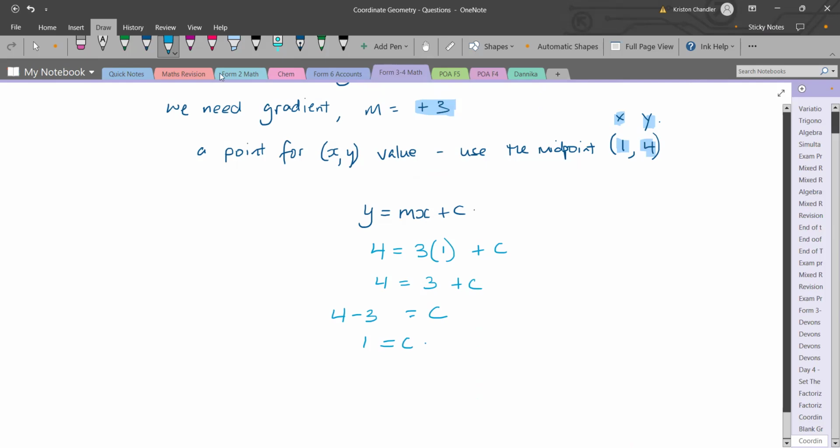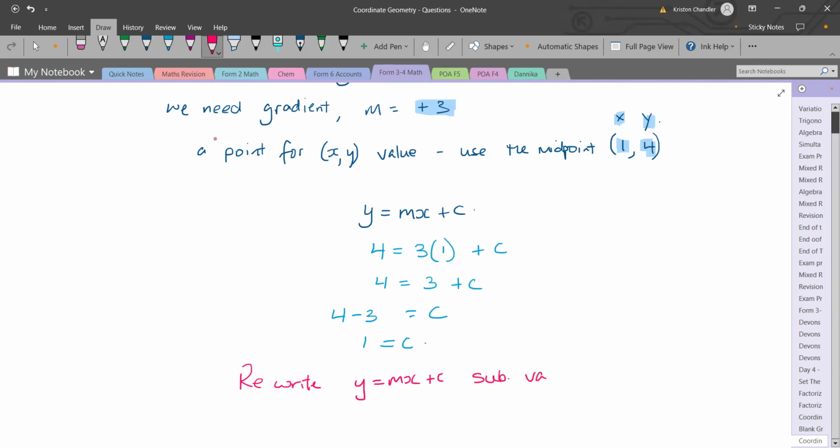Now we're going to rewrite the formula, which is y is equal to mx plus c, substituting values for m and c only. Yeah? Everybody all right with that?